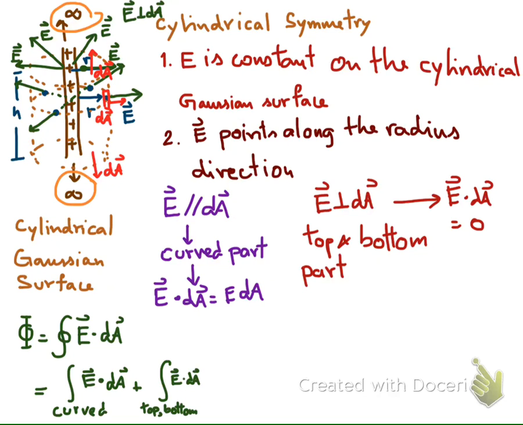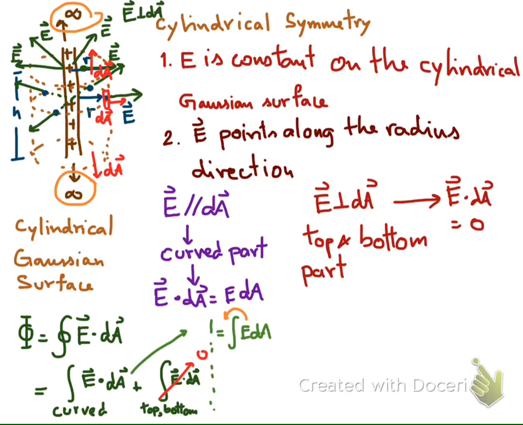But from this relation we know that this term goes to 0, and from this relation we have that this term goes to the integral of E dA. And again we use the first expectation that E is constant on the Gaussian surface, so we can take E outside the integration.